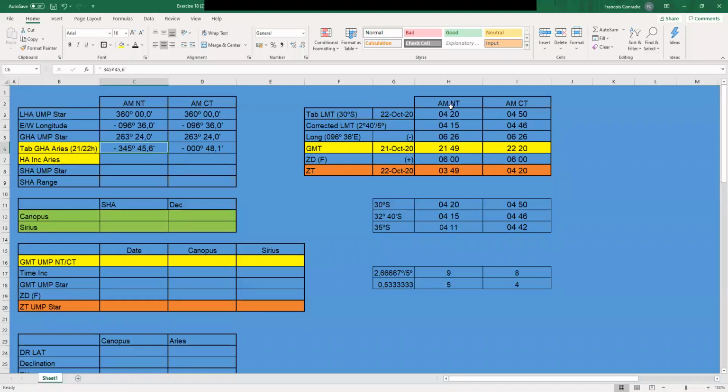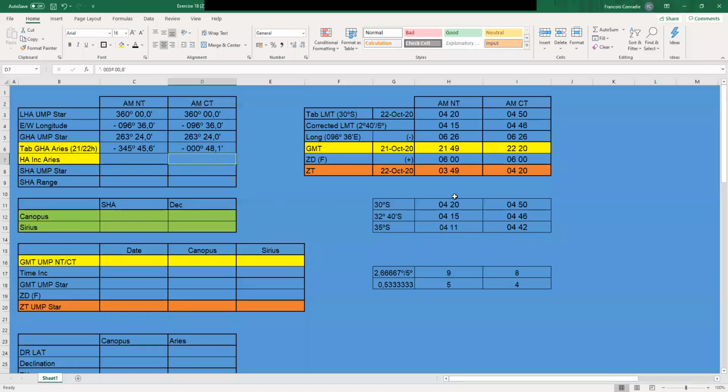Because this time that we eventually come down to 2149, the time, that is the SHA that we wanted for that exact time, 2149. So that means we need to go to the yellow pages, and we also need to include over here, from the yellow pages, the interval or the increment at 49 minutes for this one, 49 minutes, and for this one at 20 minutes.